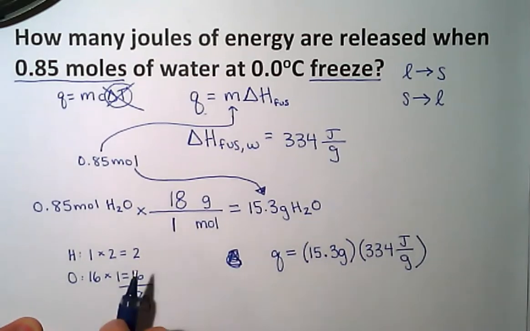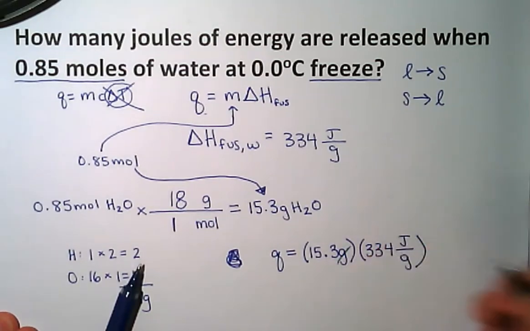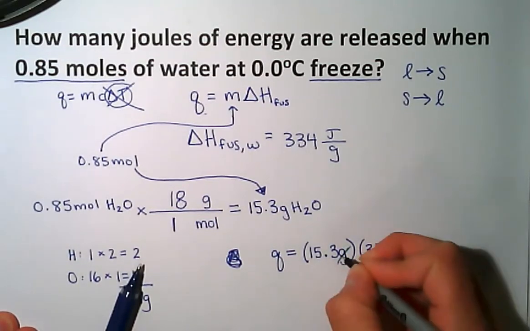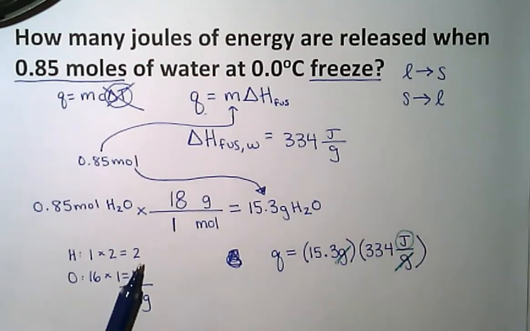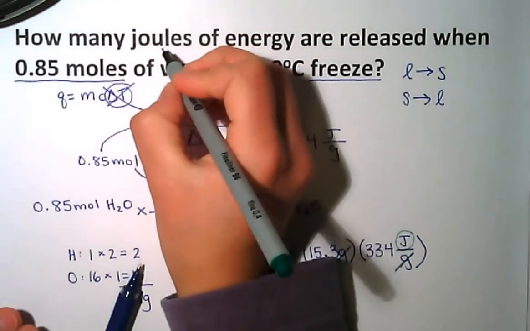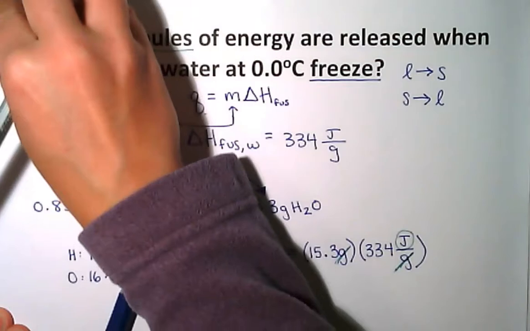So now our units are going to cancel properly. We have grams in the numerator and grams in the denominator, so those cancel out. And we're just going to be left with joules, which is the unit that we want in the end, looking back at our problem.